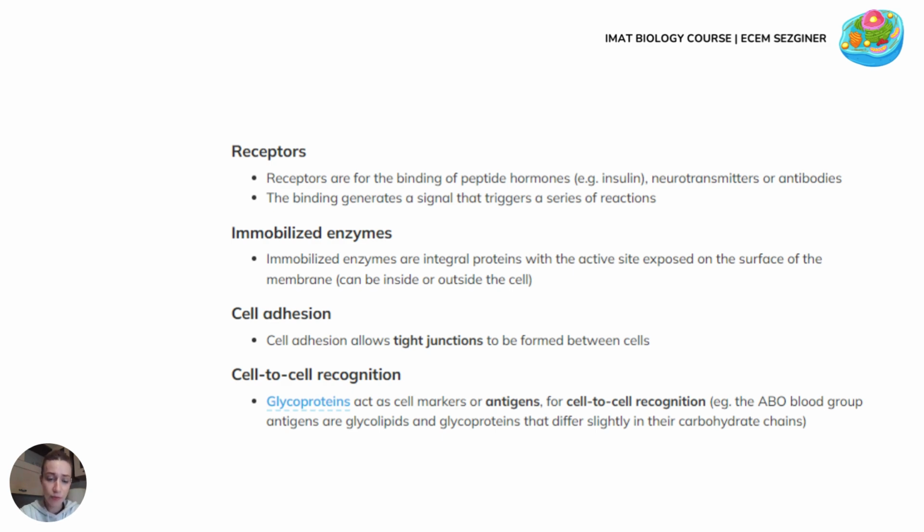Luckily, we are going to learn about ABO blood group determination, what antigens mean, what antibodies mean, because we are responsible for understanding the ABO blood group and the heredity of the blood groups.